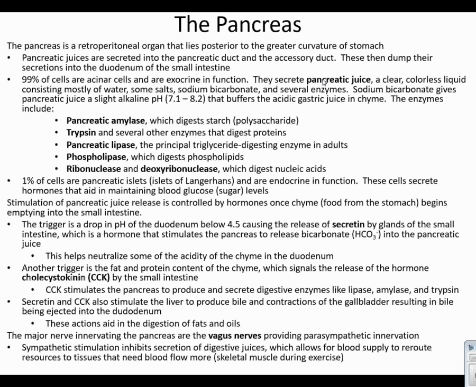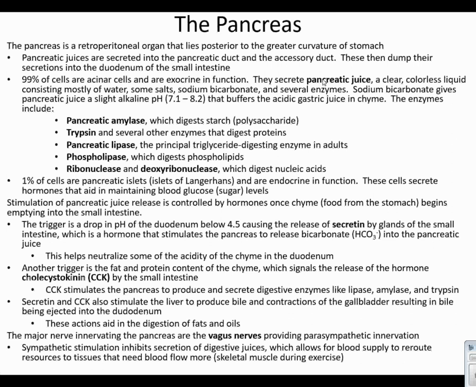We've got pancreatic amylase. So we can add that now to our list of digestion for carbs. Trypsin is another protein digester.